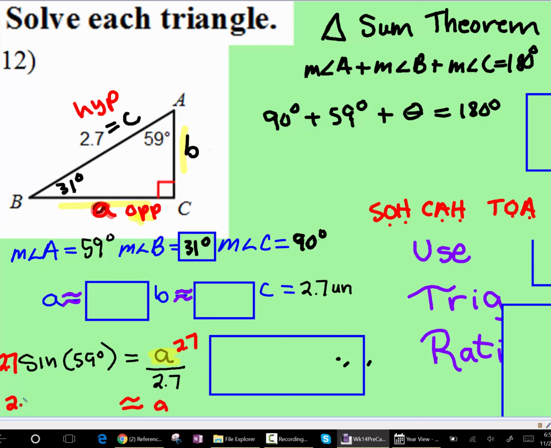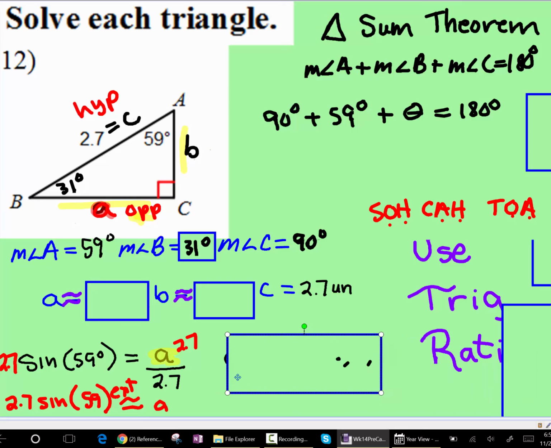You type in 2.7 sine, it will give you a left parenthesis, you type in 59. Make sure your calculator is in degree mode, right parenthesis, and then hit enter. It's going to give you more decimal places, but you can round to the nearest tenth. It's going to round to about 2.3. So this side right here is about 2.3.